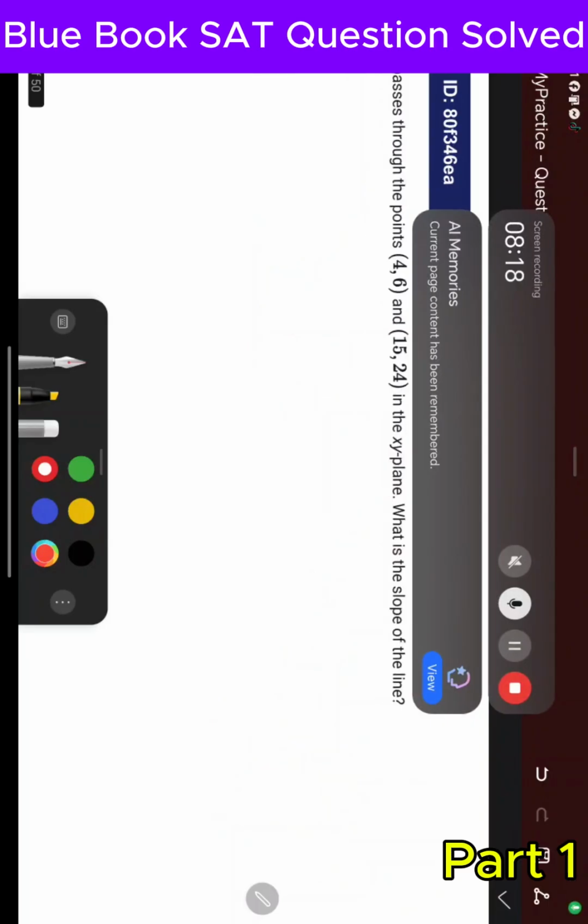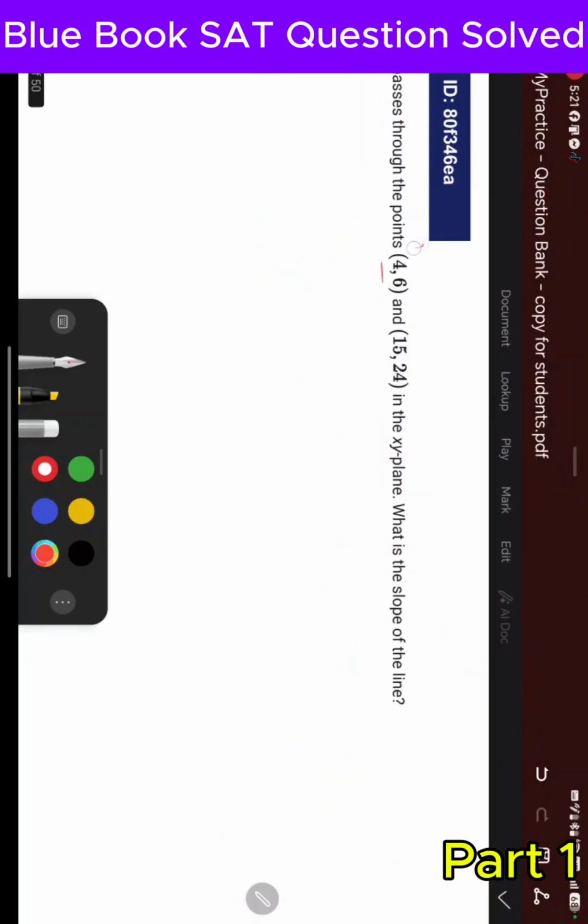And for such kinds of easy questions where we have x1, y1, x2, y2, and we want the slope of the line, the formula is y2 minus y1 over x2 minus x1.